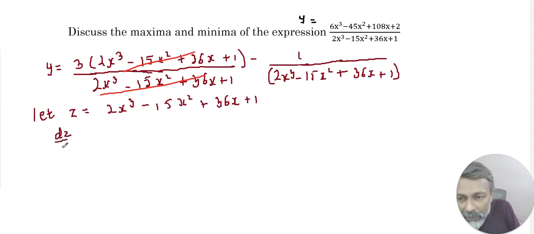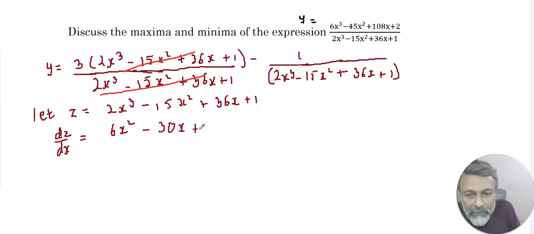When we take the derivative, dz upon dx is equal to, we get 6x square minus 30x plus 36 equal to 0. We can take 6 common, we can divide by 6, and it becomes x square minus 5x plus 6 is equal to 0.